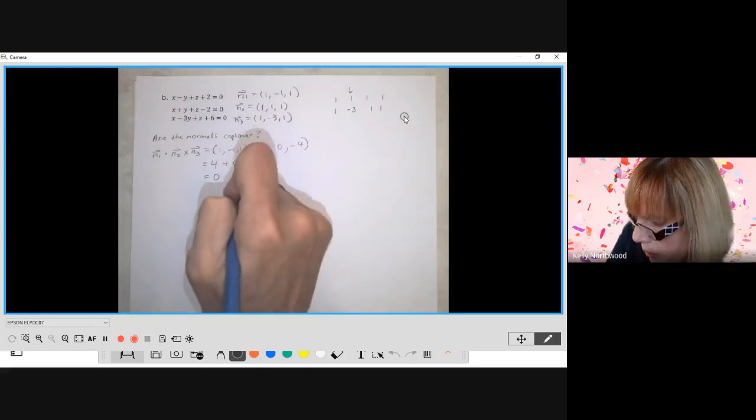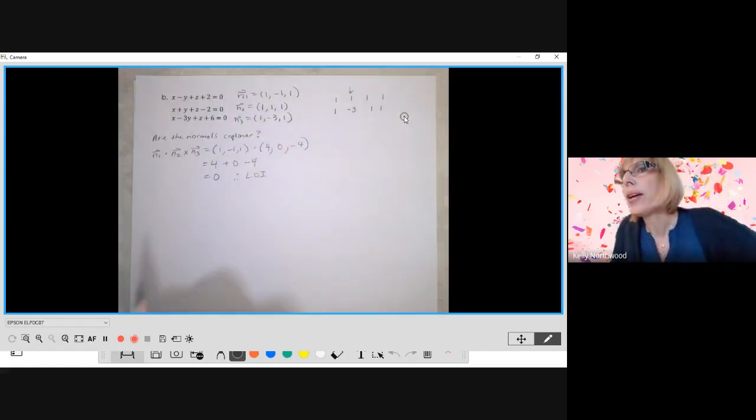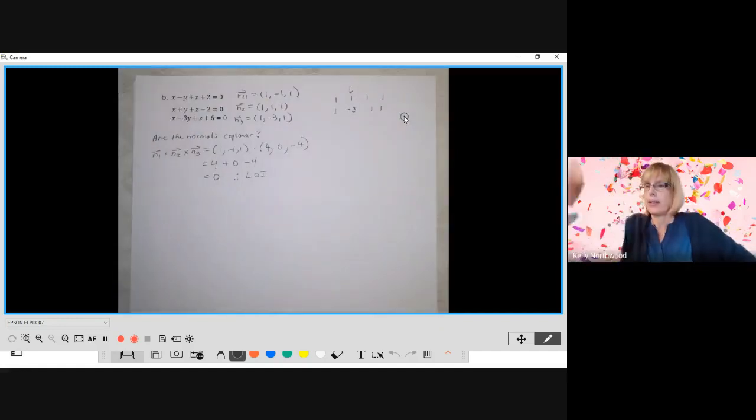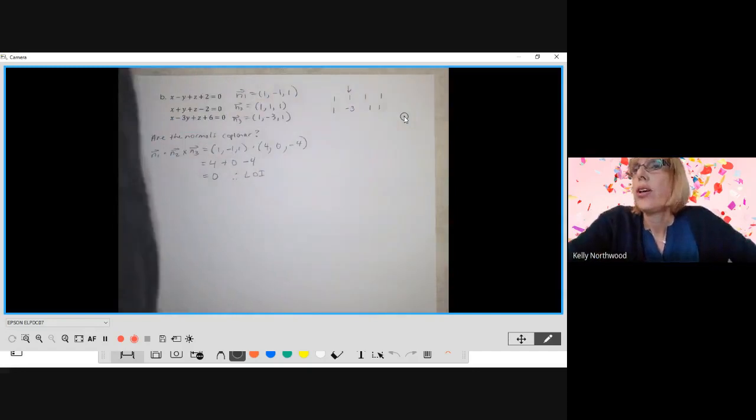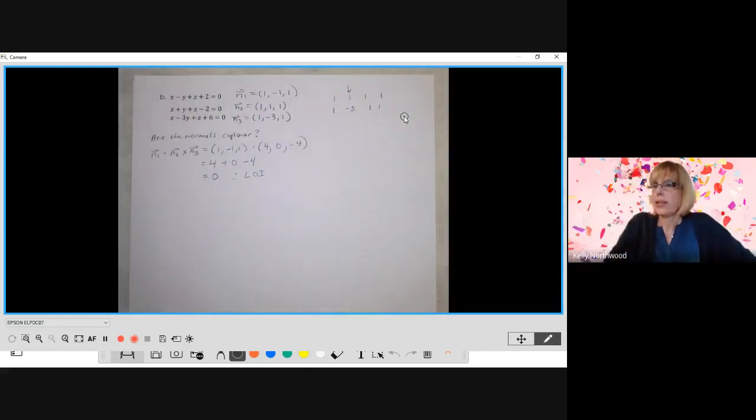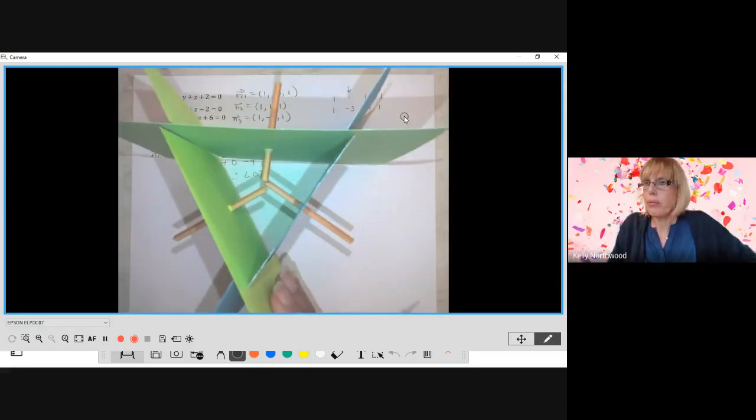Which means, therefore, we either have a line of intersection, the star I call it, or we have the triangle, which is no intersection of all three planes.